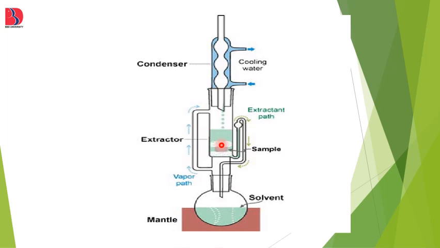The extract is collected here, and when it reaches this limit, this is the siphon tube which transfers this extract back into the round bottom flask, and this process is repeated. We continue this extraction for at least 48 hours to get an efficient extraction. So this was the method of Soxhlet extraction.